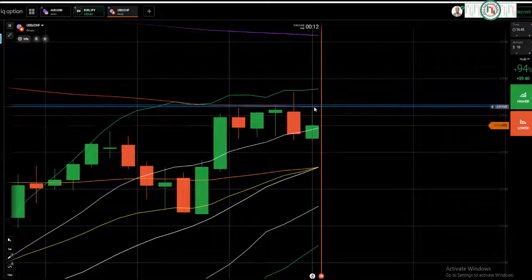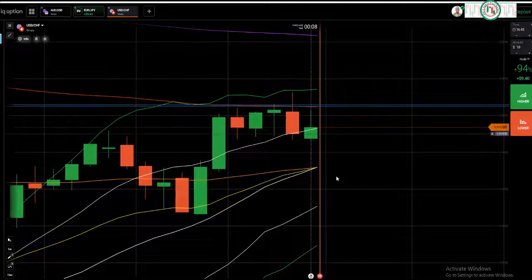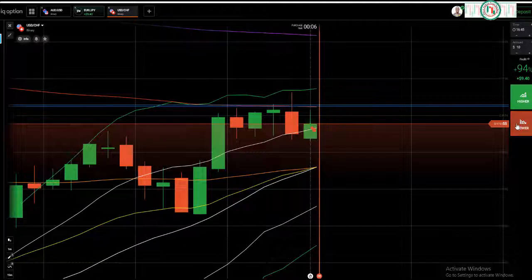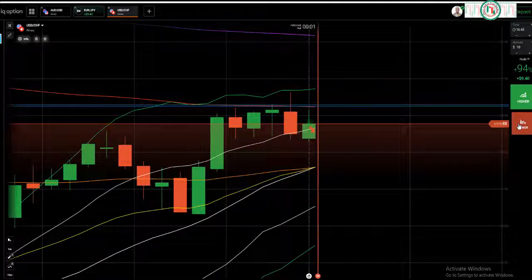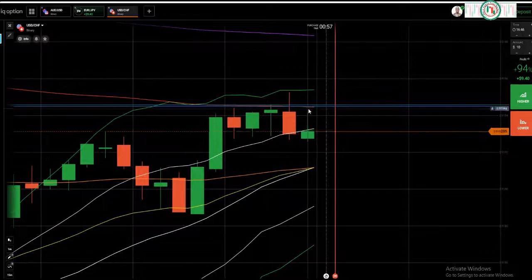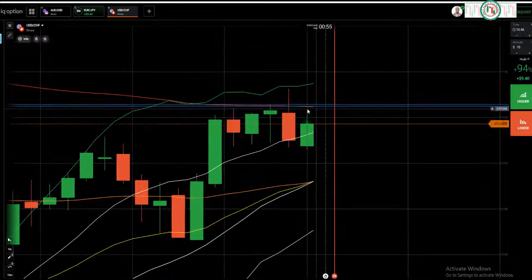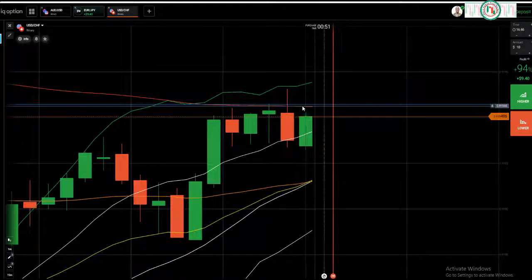So if I see rejection from this level, market is very fast. But if market goes up, here I can see rejection from this level. So if market comes to this level, I will place my trade.